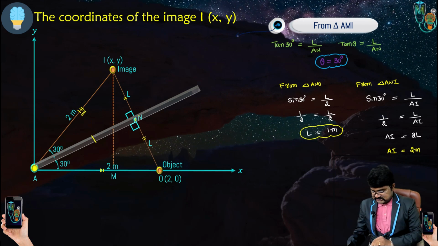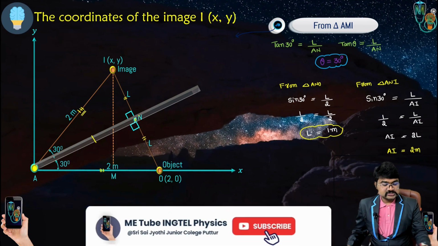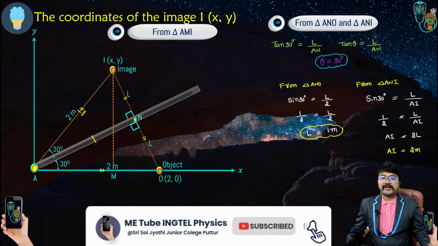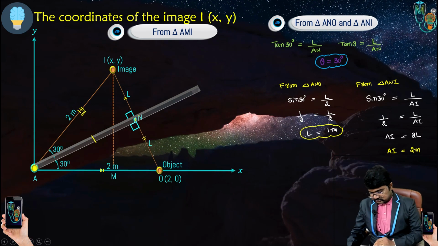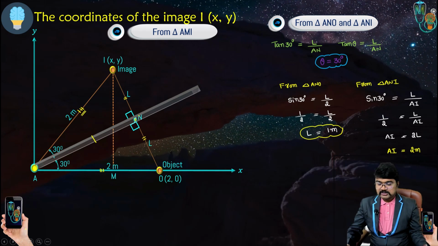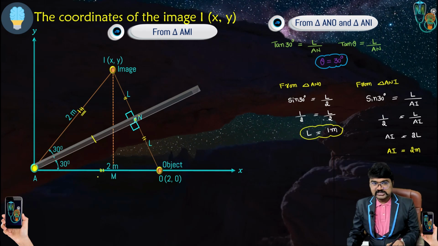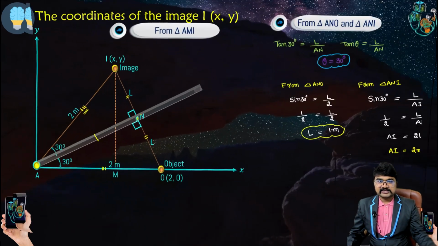We can draw this. Just observe triangle AMI. We need to calculate X and Y. What is X and what is Y?